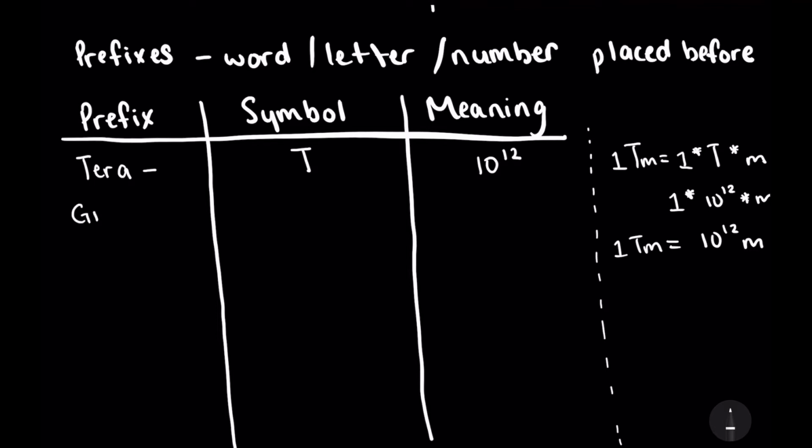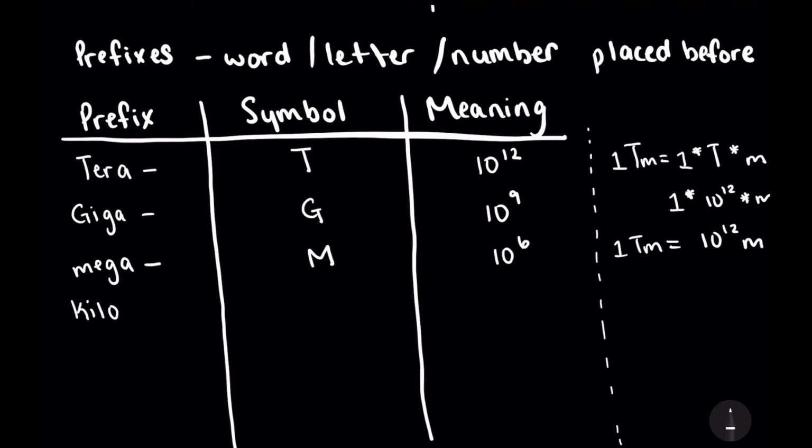So similarly, if you have a giga, this is a capital G, and what it represents is 10 to the 9. If you have a mega, which is one that you will definitely see more often than tera and giga, you'll have a capital M, and it represents 10 to the 6th.